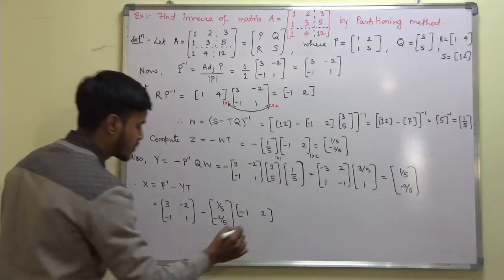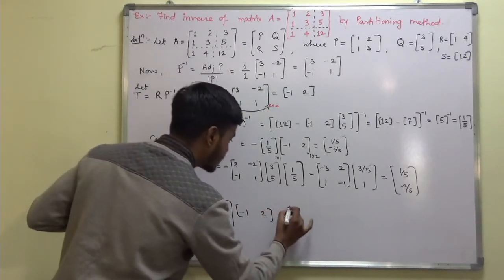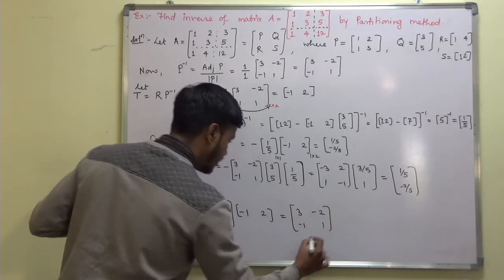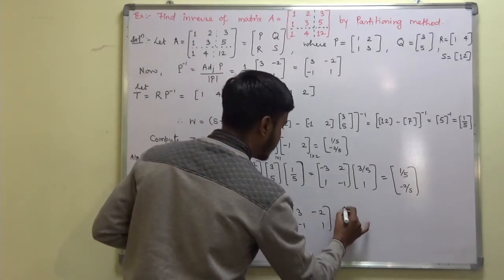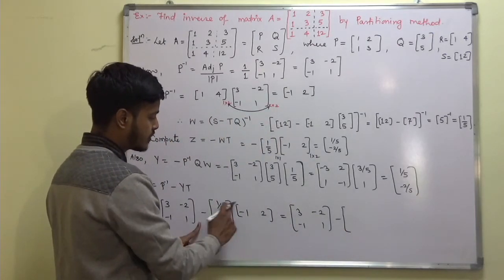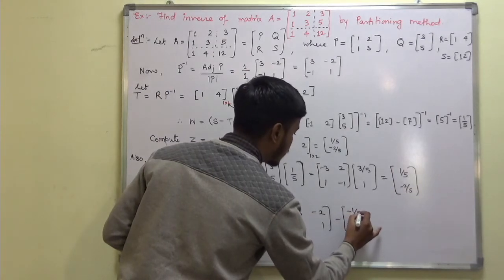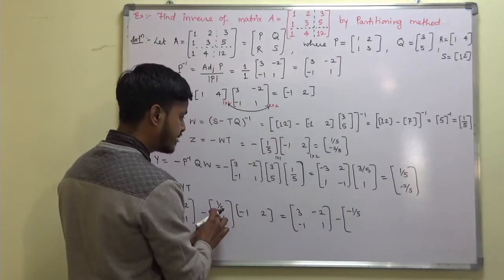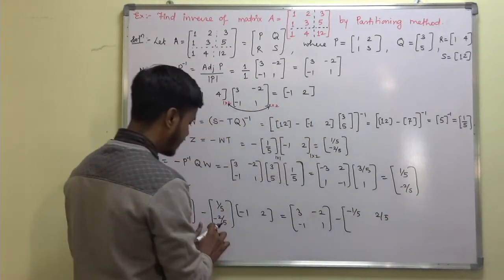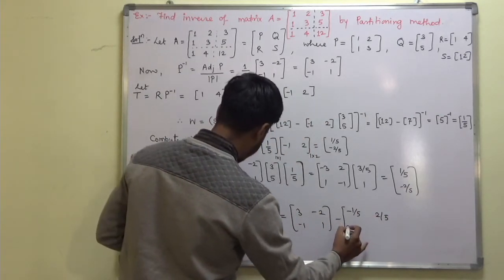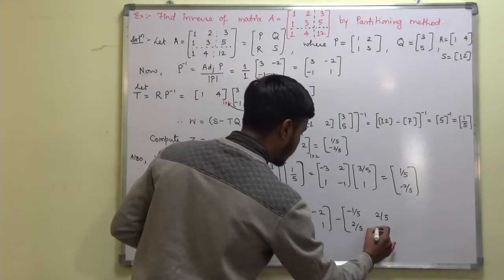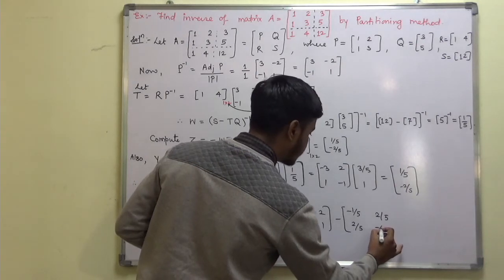Just solving this. So this is 3 minus 2 minus 1 1 into, sorry, minus, first row first column. The first row first column will give you minus 1 by 5. Then the second row will give you 2 by 5, and then this will give you minus minus plus 2 by 5, and this is minus 4 by 5.